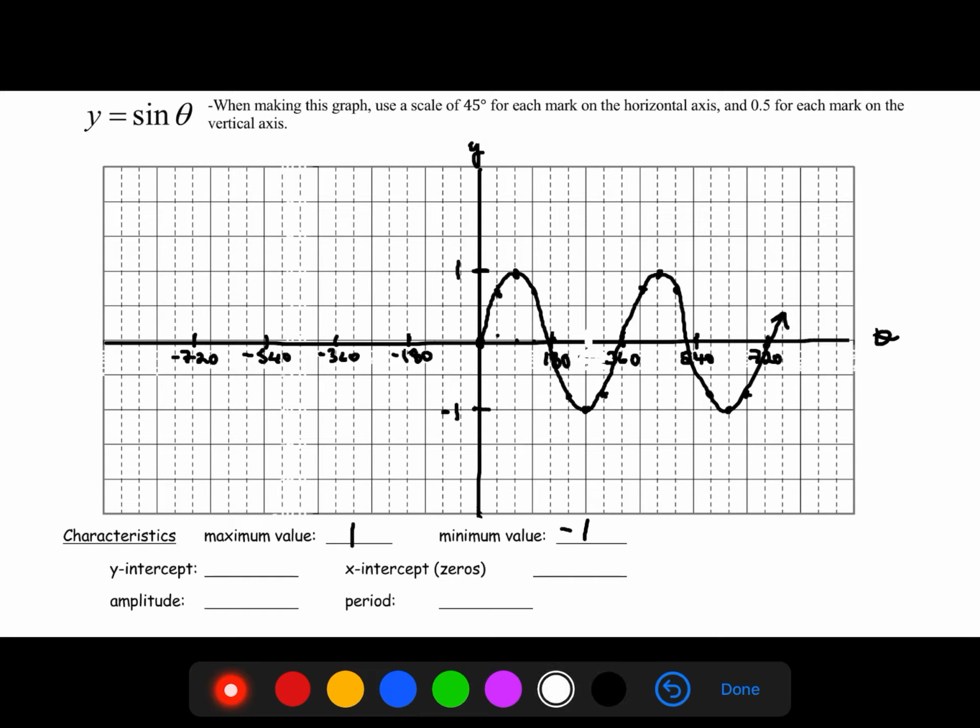We know that, and sorry, I messed this up a little bit here, but we have a nice smooth sine curve. And we also recognize that as we go backwards, this pattern continues just the opposite way. And again, we're just plotting our points that we got on our table of values.